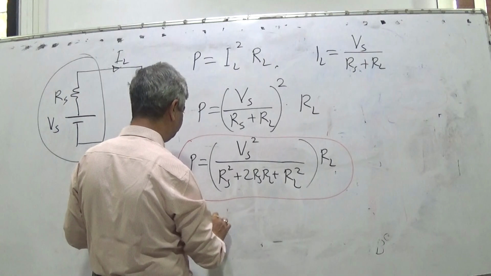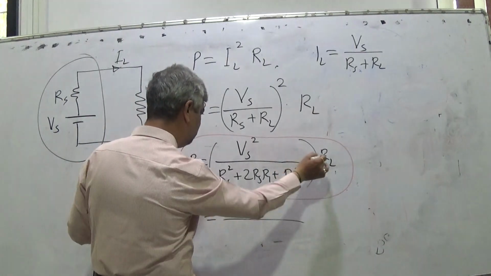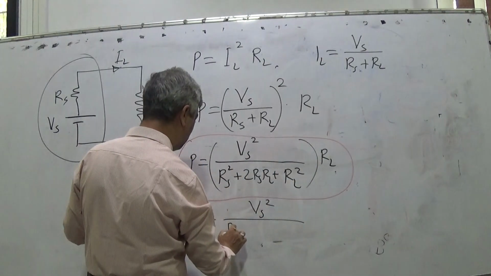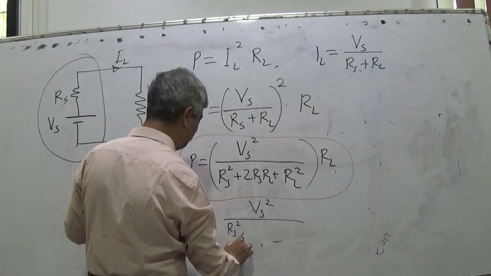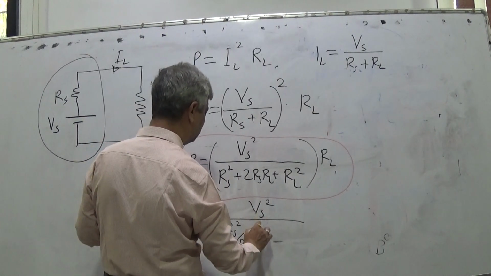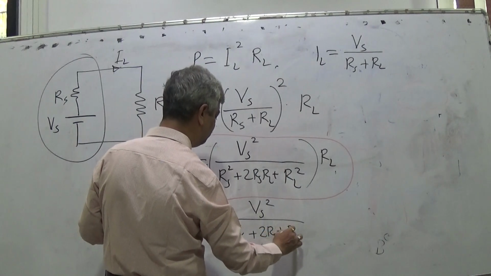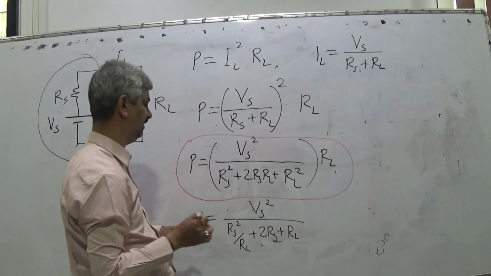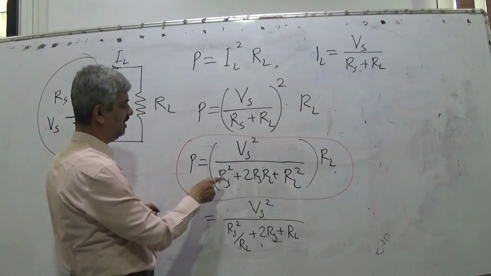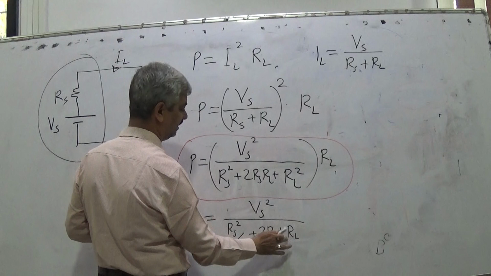So it would be Vs square upon Rs square upon RL plus 2Rs plus RL. Is it right? Rs square upon RL plus 2Rs plus RL.